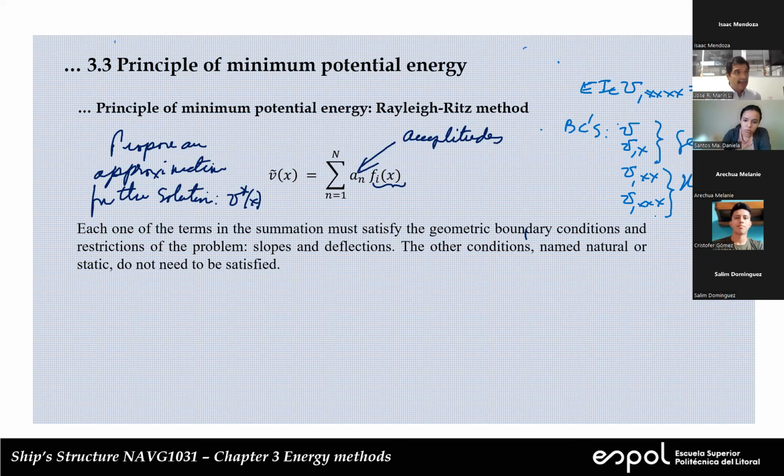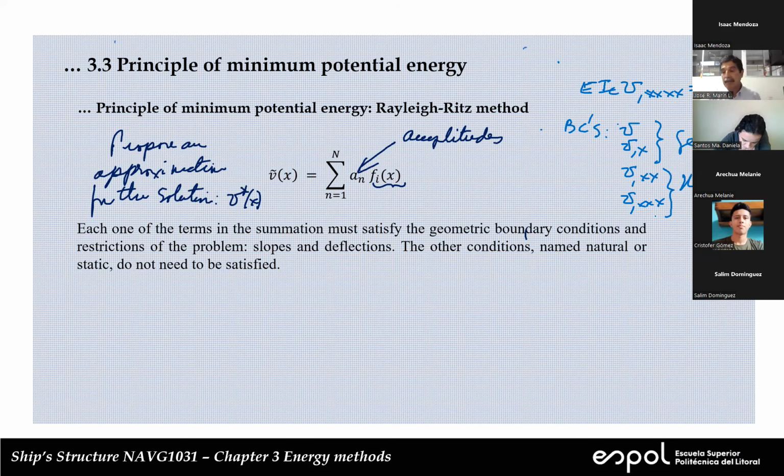So when you apply Rayleigh-Ritz, you have to propose functions, and these functions have to satisfy the geometric boundary conditions. For example, if you have a clamped end, Mr. Cedeño, what are the boundary conditions in the case of a clamped end?